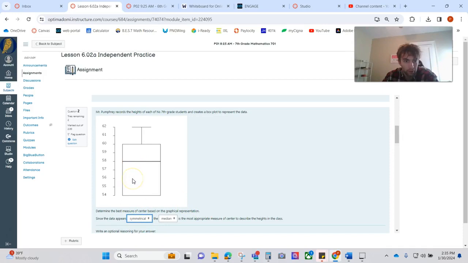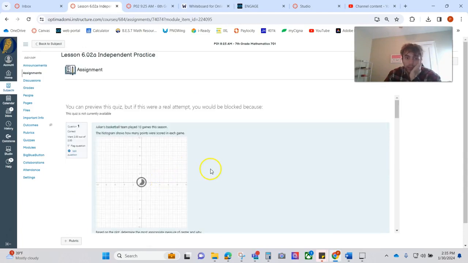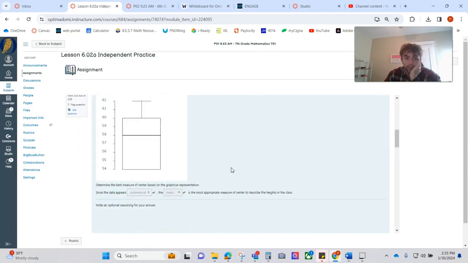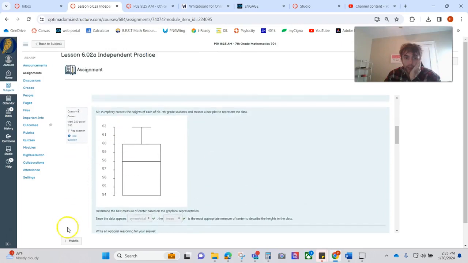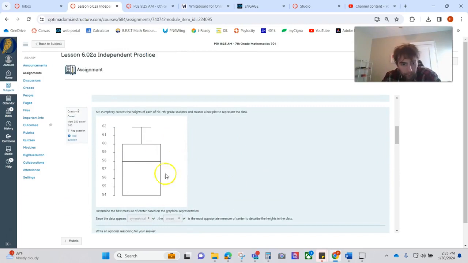Doesn't really look symmetrical to me, because we don't got a whisker. But if it is symmetrical, then that means mean is the correct answer. Maybe they're random box plots. So if it is symmetrical, that means it's mean. If it's not symmetrical, it's not mean.